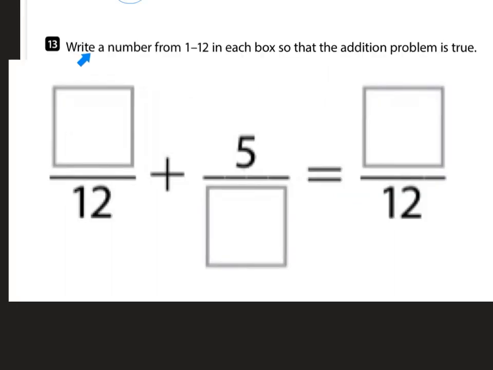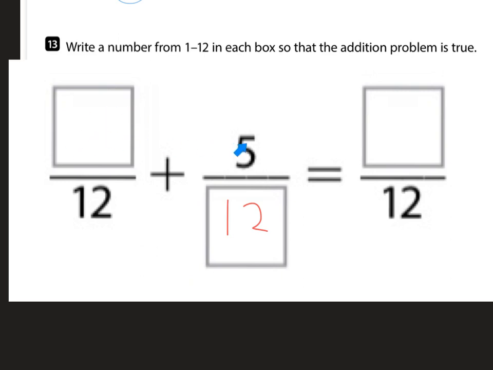Final problem of the day. Write a number from 1 to 12 in each box so the addition problem is true. Of course you're going to have to use 12 in this box because your denominators will always stay the same. So whichever number I choose for this box, it's going to have to be greater than 5 because I'm going to at least have to put a 1 here.